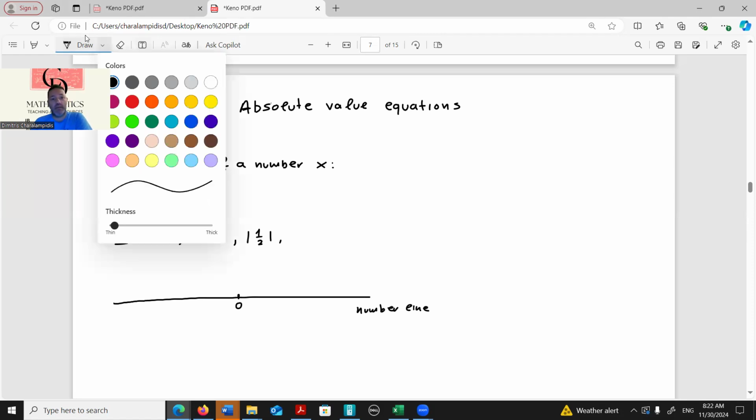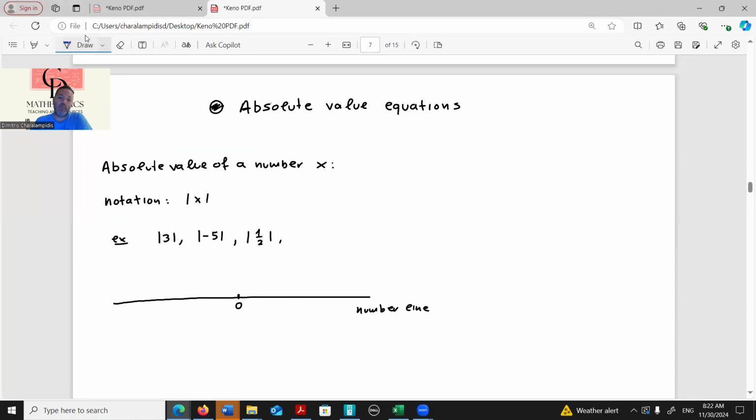Assuming that, let's say we have number 6 over here, we define as absolute value of 6 the distance between 0 and 6. So absolute value of 6 is distance between 6 and 0.